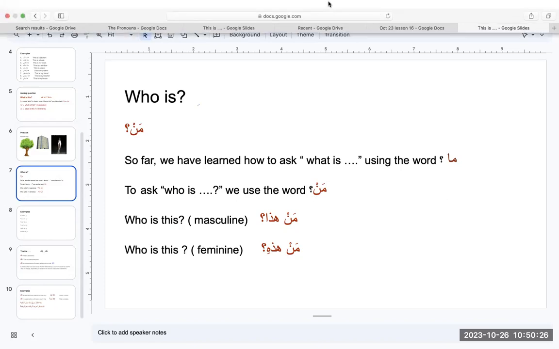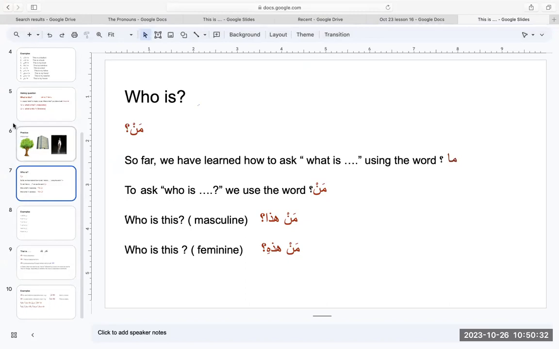And please, I keep saying that to my students: when you read men in the right way, I want you to remember men is who, and min is from. Okay, so men and min, this is who and this is from.